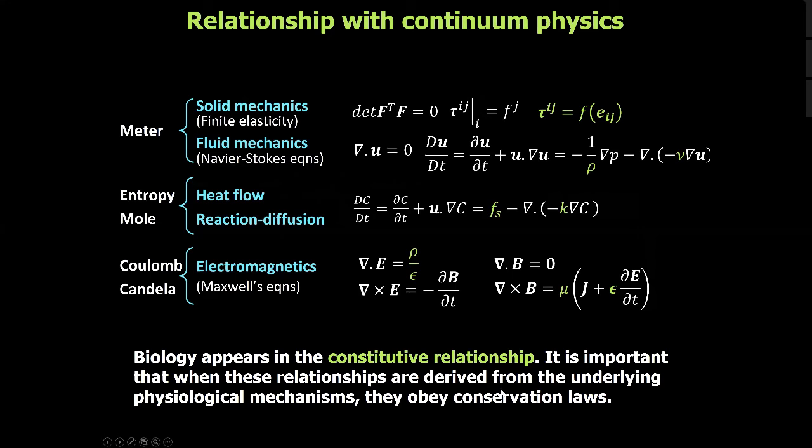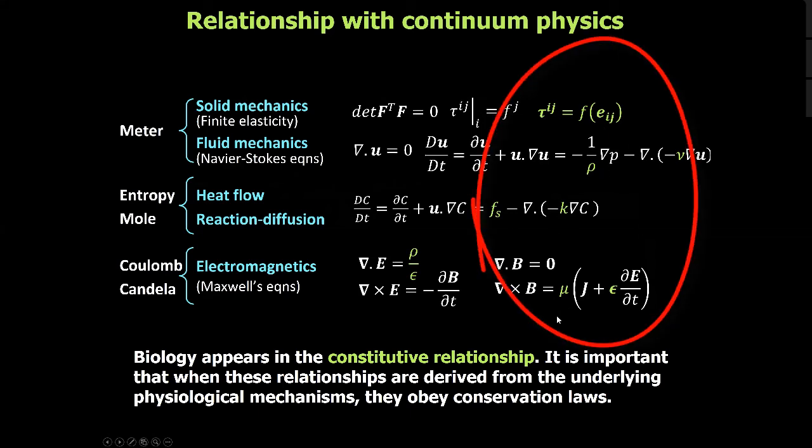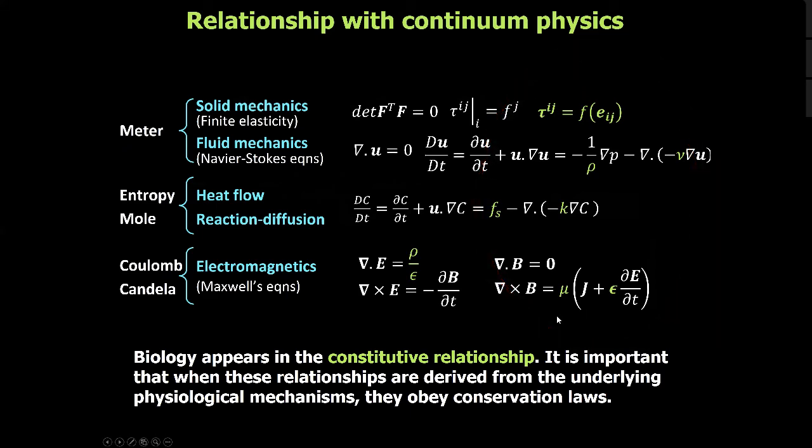So all the work at the level of lumped parameter systems is really just to ensure, with bond graphs, that you're getting relationships here in these green quantities which, at the smaller scale, obey the laws of physics, in the same way that you're imposing the laws of physics at the macro scale through Galerkin and finite element methods, which are a very nice way of solving these equations in a way that ensures conservation laws.